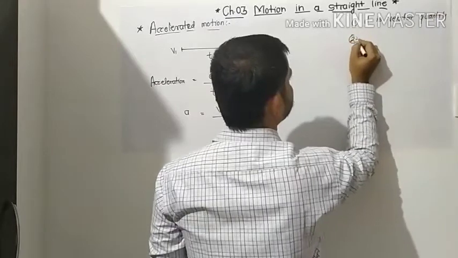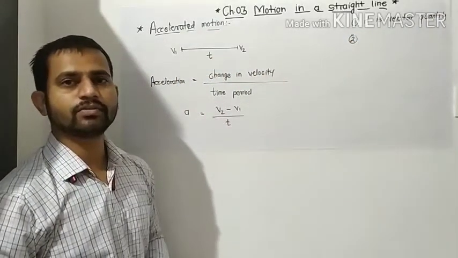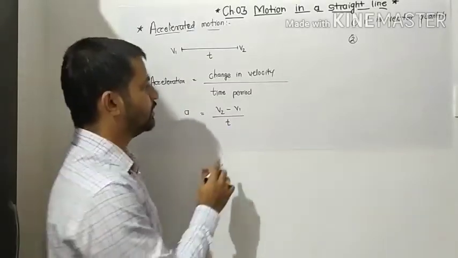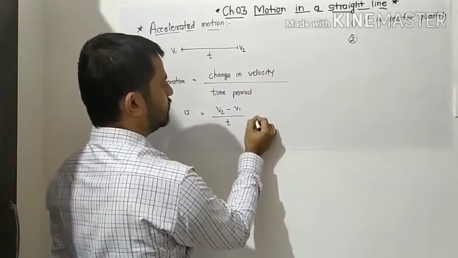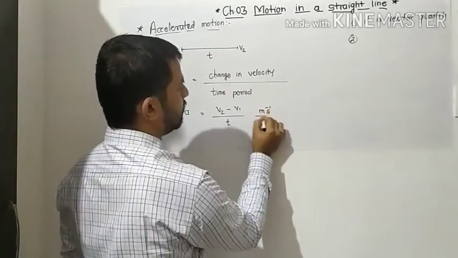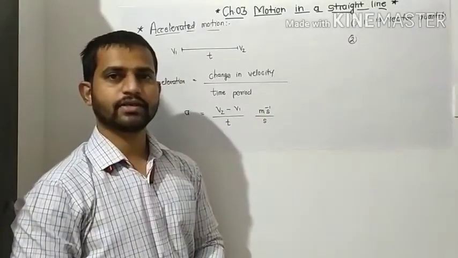Then the second one, what is the unit of acceleration? From this we get the unit of velocity, meter per second, upon second. Meter per second upon second.